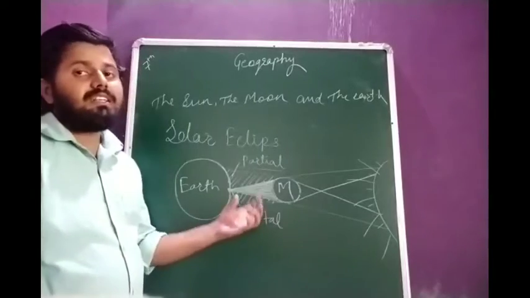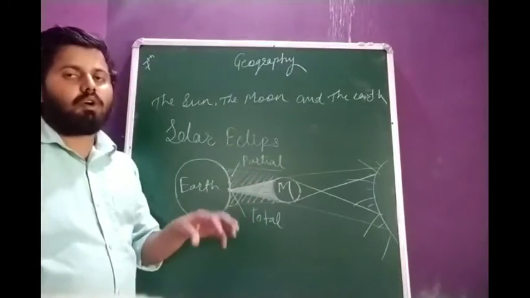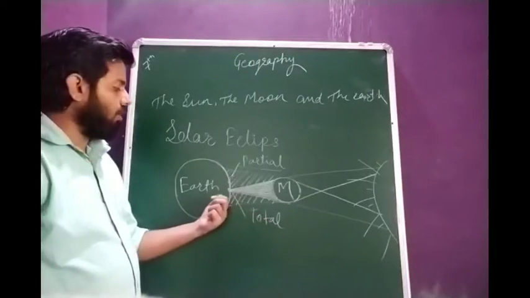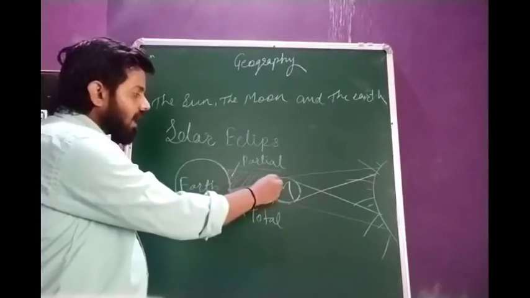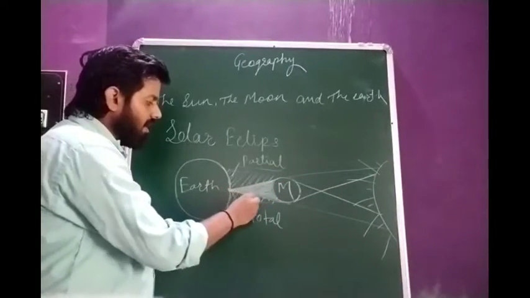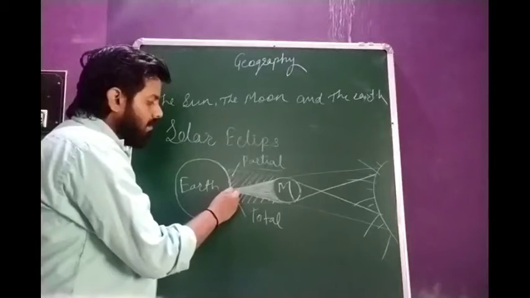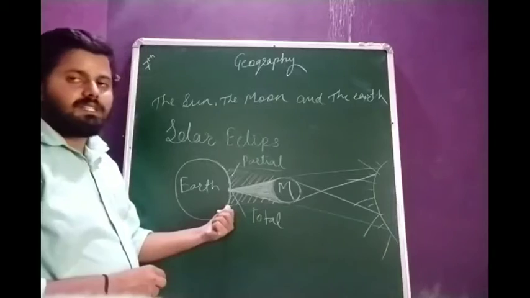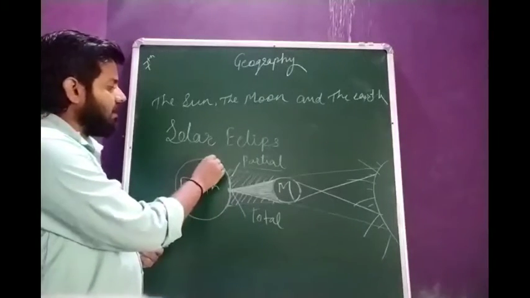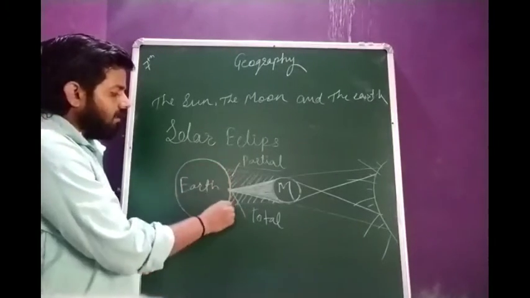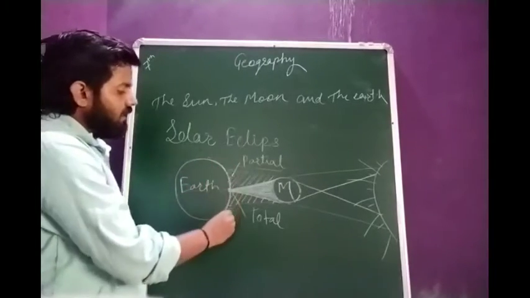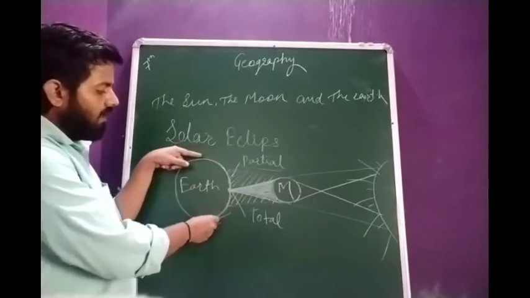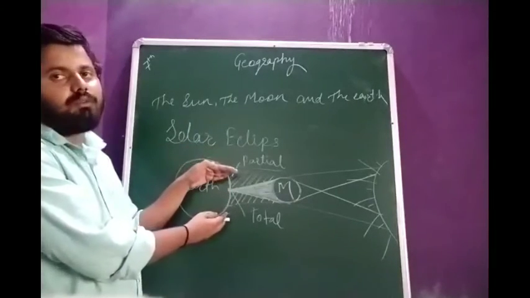Only a small part of the earth will face the total solar eclipse, and as we all know the reason behind that, you can see that very small point is there, right? So those people will face the total solar eclipse, and the remaining people will face the partial solar eclipse. Apart from that, other people will not see the solar eclipse from their place, right? Because that part is not covered by the shadow of the moon, right?